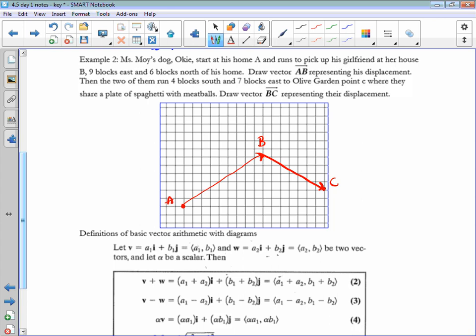All right, so if I drew in vector AC, that is Oki's displacement from home.